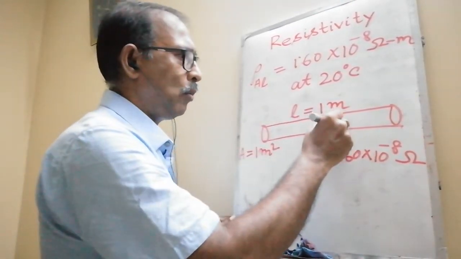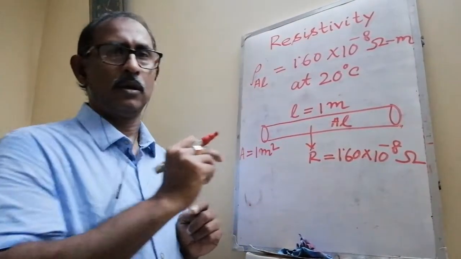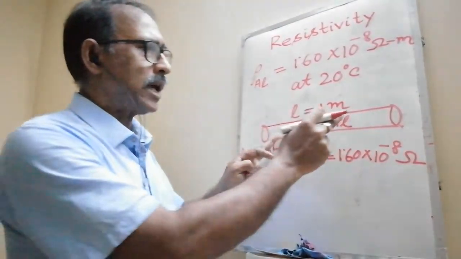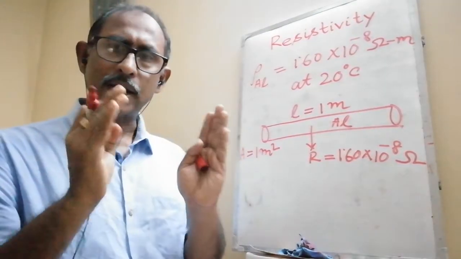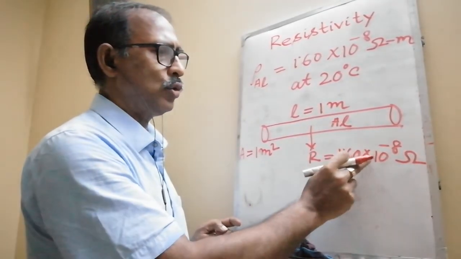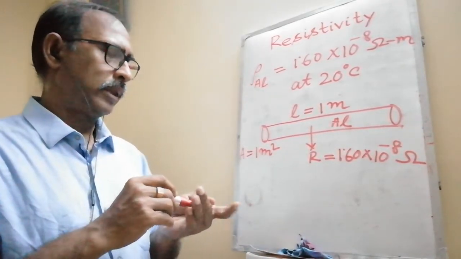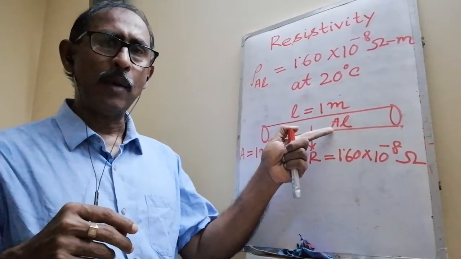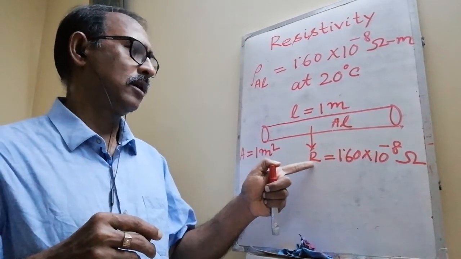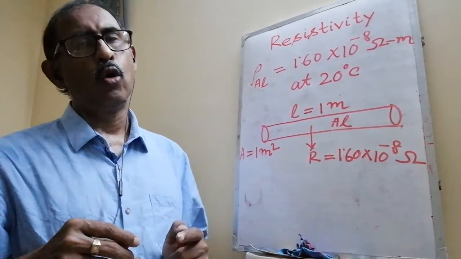That means if you make an aluminium conductor whose length is 1 meter and cross section is 1 meter square, then it offers a resistance equal to 1.60 into 10 to the power minus 8 ohm.